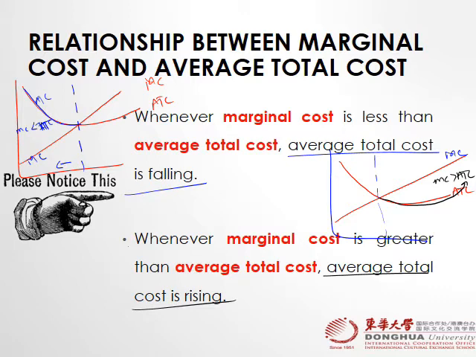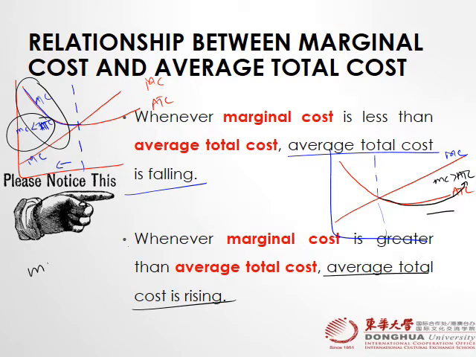So what is the managerial implication here? Think about that. Would you like to be on the right side where MC is greater than ATC, or would you like to be where MC is less than ATC? Definitely you want the average total cost to be minimum, so you want to keep in this region.